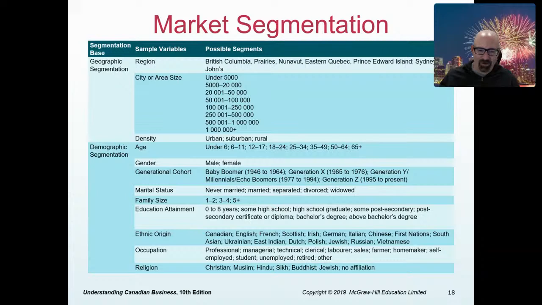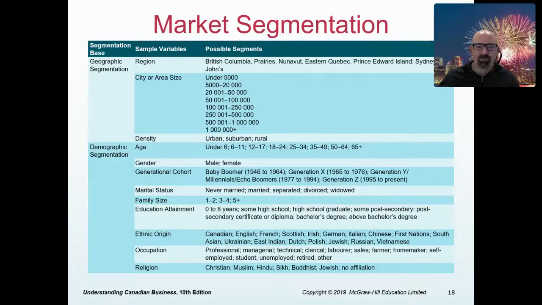I don't know. Perhaps they do. Education is another one. At what level of education? On a worldwide basis, I believe it's about 6.5% to 7% of people have a university degree. In Canada, it is somewhere around 25, 26, 27% have a university degree. That can have an impact.